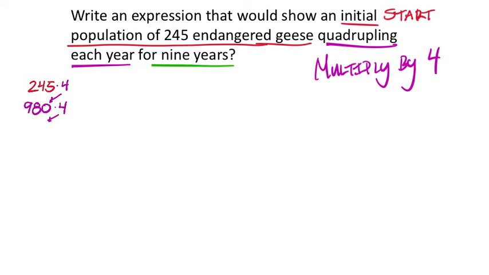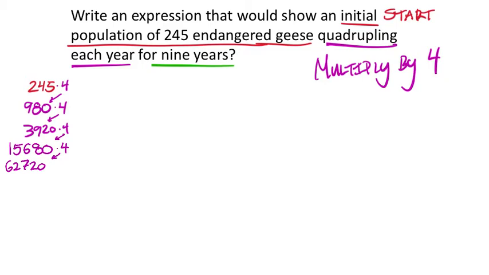And if I quadruple that many, then I'd have 3,920, which if we quadruple that, I get 15,680. Okay, so we quadrupled it 3 times. Let's make it 4. So I'm going to quadruple the 15,680, and I get 62,720. So that's how many geese are in the flock after 4 years?